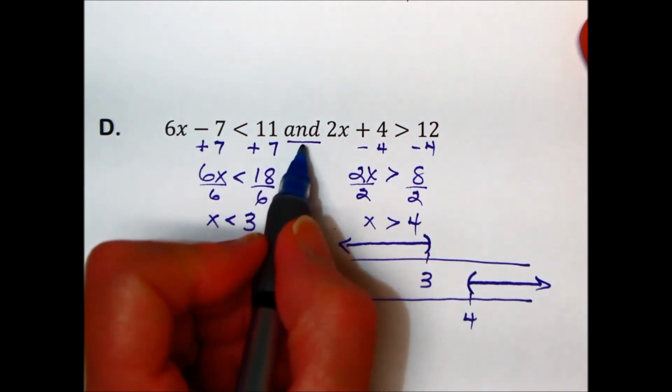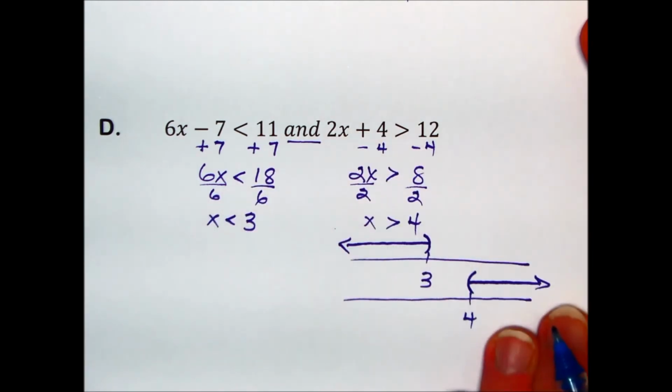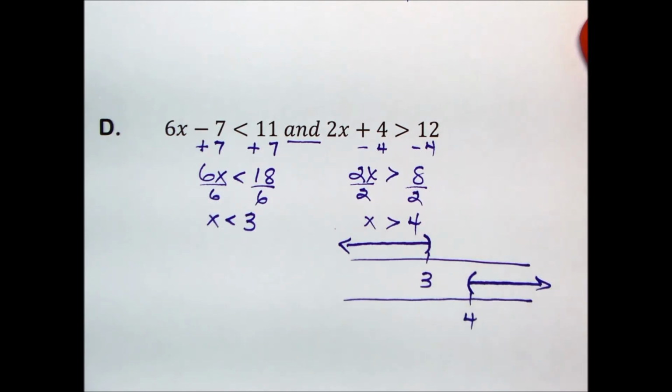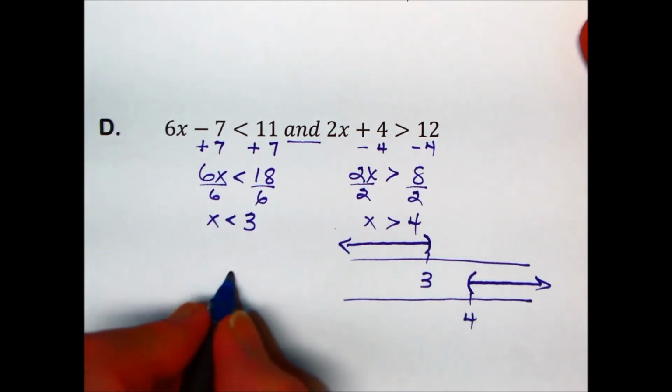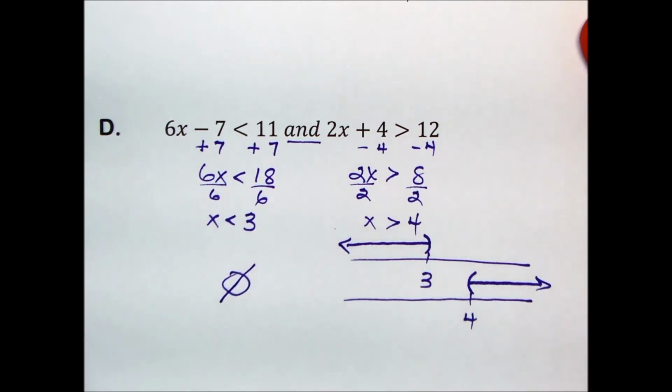And we're looking for an intersection. If we collapse these, there's nothing common between these two sets. So for our intersection, our answer is going to be the empty set, or no solution.